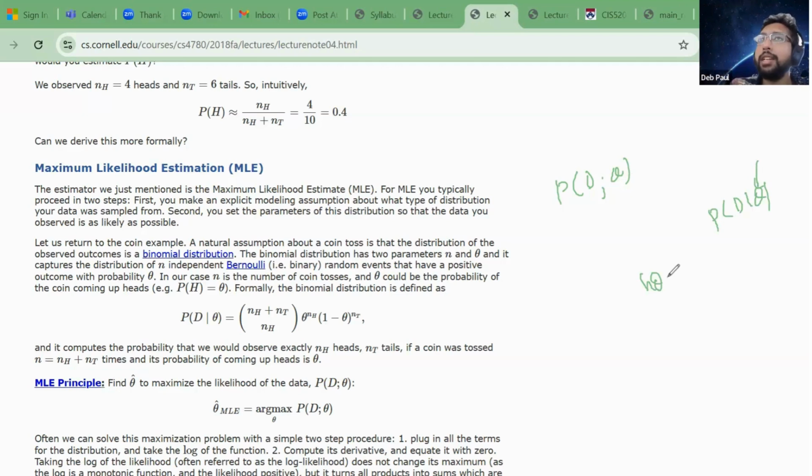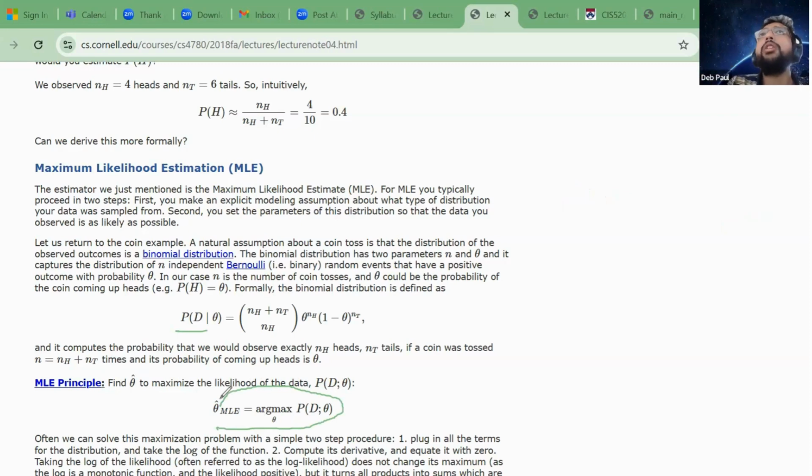But the first thing is very simple: I'm saying that this is parameterized, and this is called the maximum likelihood principle. This is my likelihood function, and whatever theta maximizes this function is the theta that I should choose, right? Here we're talking about maximization, not minimization, because it's not a loss.